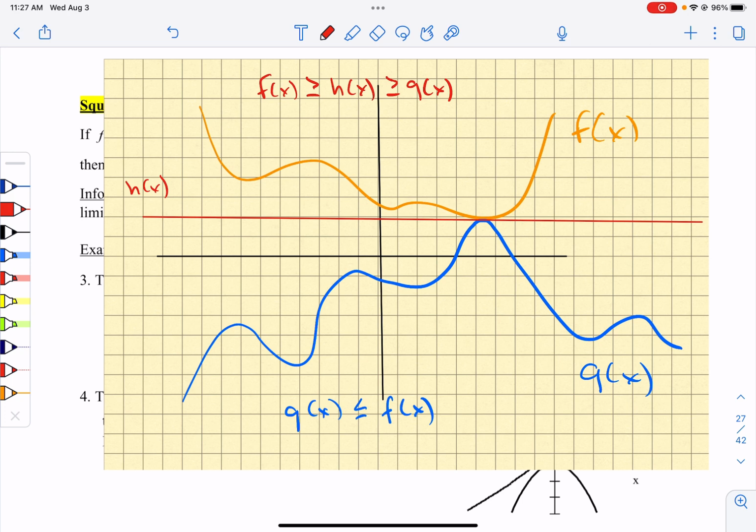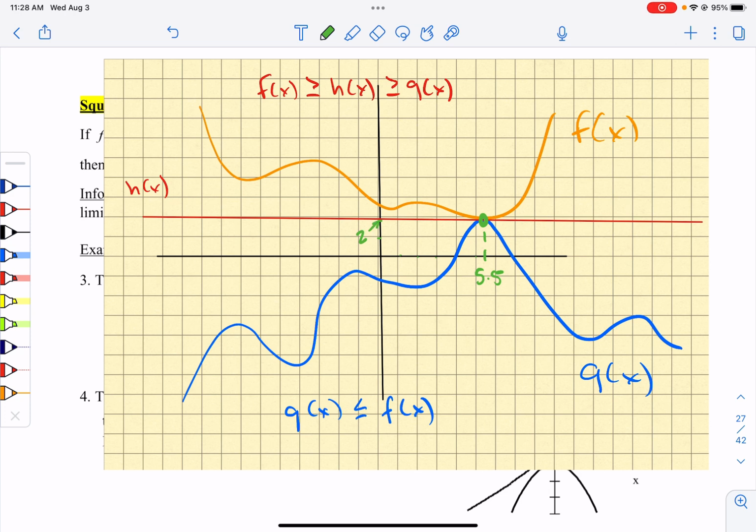But this gets really interesting when we start talking about limits, because if I look at this point right here, which I didn't draw perfect, my top function is approaching that point. Let's give this a value. Let's say we're at 5.5, and I'm approaching 2.